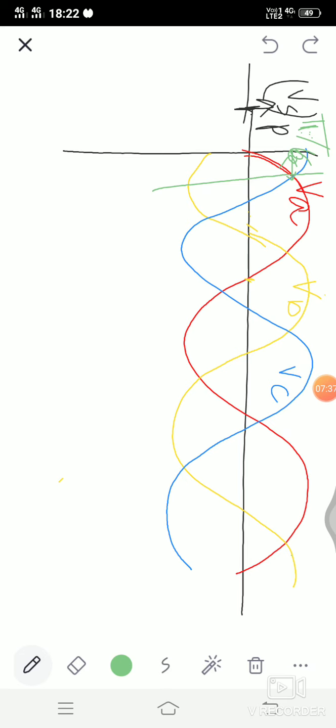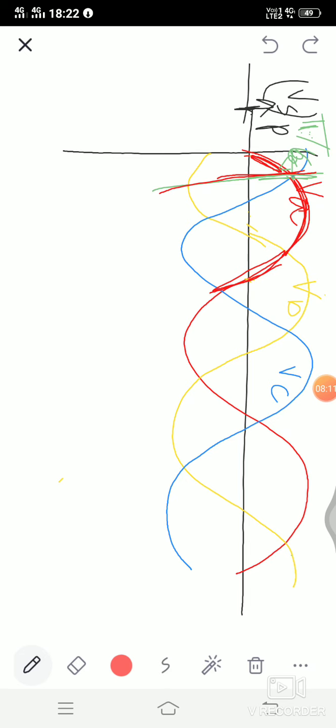Reason is that after this angle only, your phase A is becoming at higher potential than phase B and phase C, which you can see over here. See, this is at higher potential than phase B as well as phase C, right? Because before that it is at lower potential than your phase C. So you'll always have to start taking after this interval only. Always keep this thing in your mind.